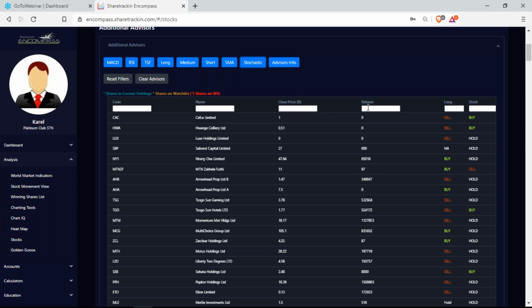I would have the volume this share traded for the day, and then my indicators telling me whether I should buy, hold, or sell. So if I go to volume, underneath my volume, I would insert greater than 100,000.